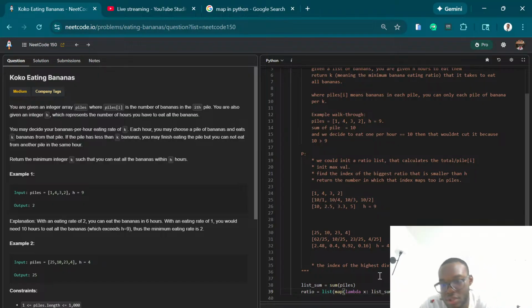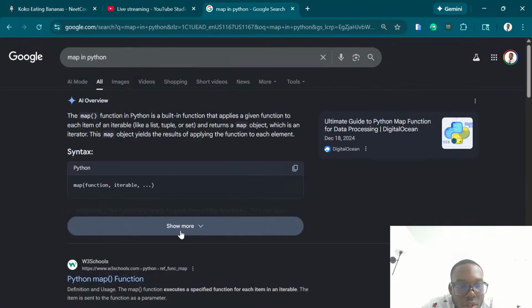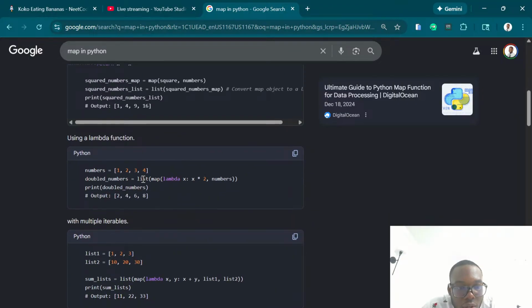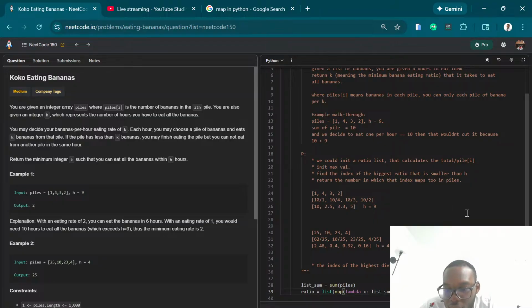This means I just put everything in there, right? List sum divided by x, right? Let me just make sure. Yeah, x is equal to x times 2. So that means this times this times that. Yeah, exactly. So x is everything in the list. Okay.